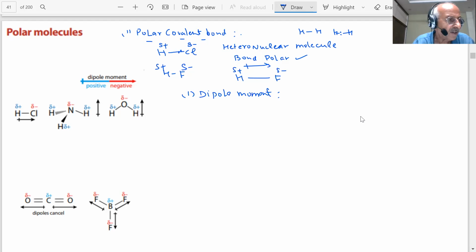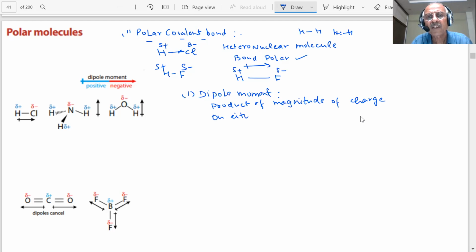It is the product of the magnitude of the charge on either atom, because there are equal and opposite charges on either atom, and the distance between the centers of the positive and negative charges.